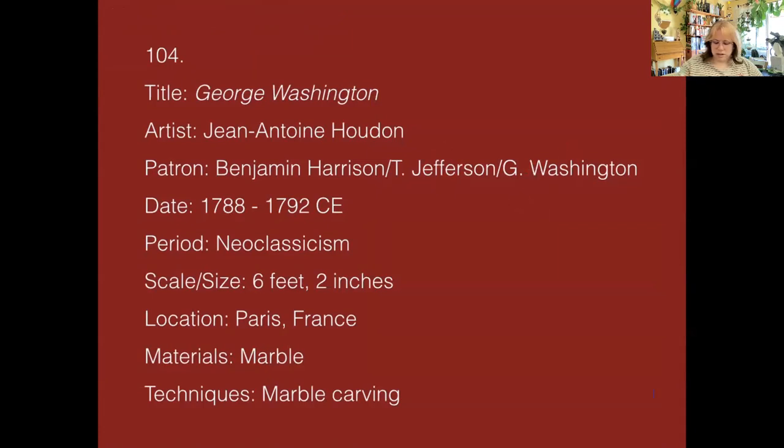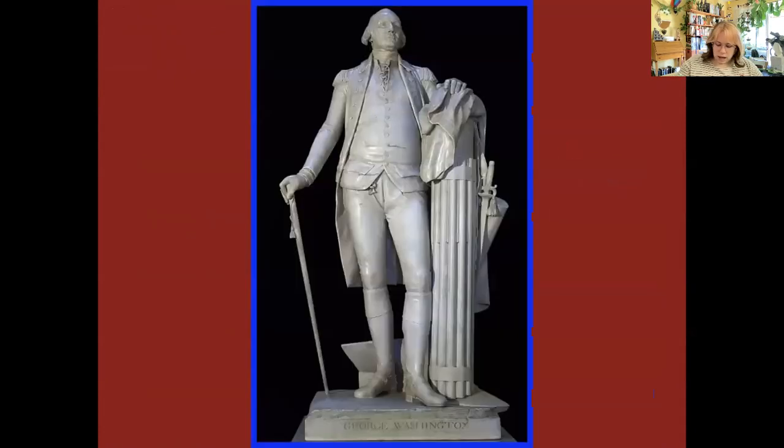And George Washington consulted, I would say. And he was like, hey, who should I go to in Paris to get this done? And Thomas Jefferson was like, oh, go to Houdon. He's really great. It took 4 years to make, but for some reason he kept it another 6 years and then delivered it.